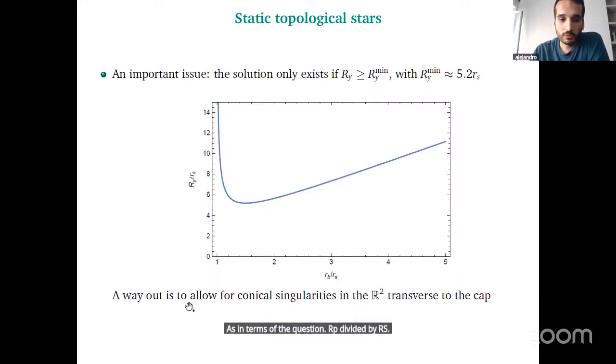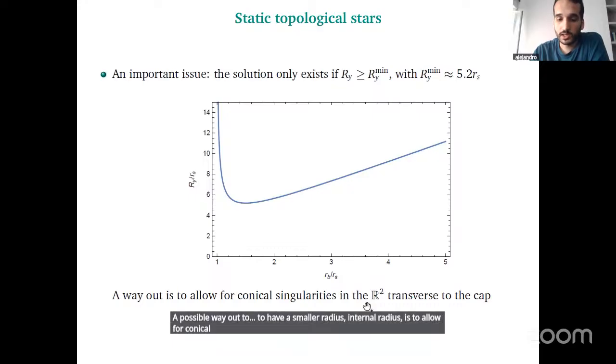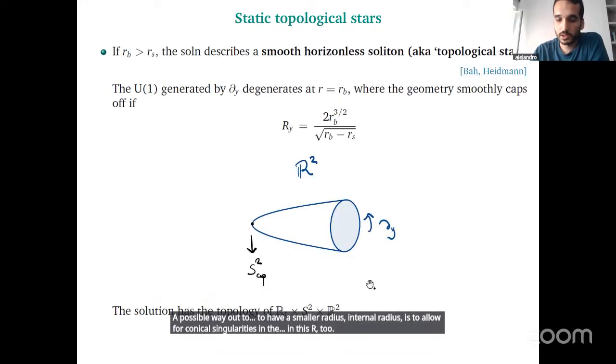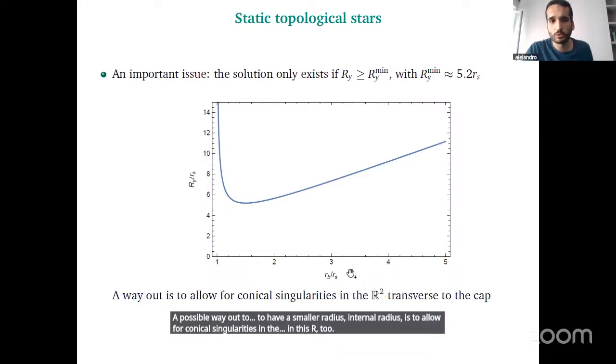A possible way out to have a smaller internal radius is to allow for conical singularities in this R2 transverse to the cap.